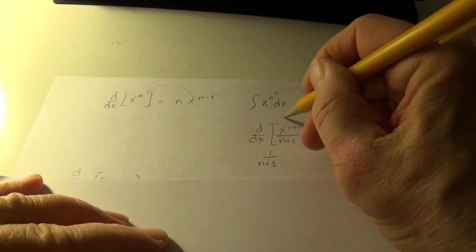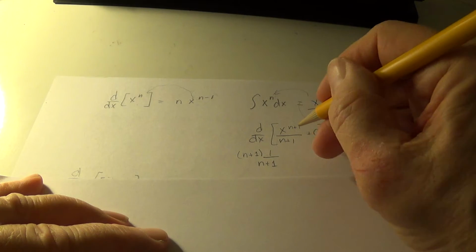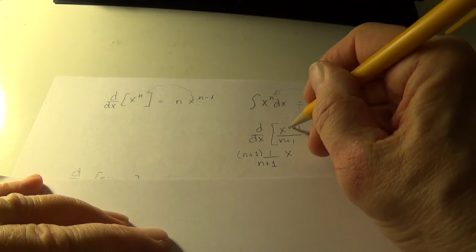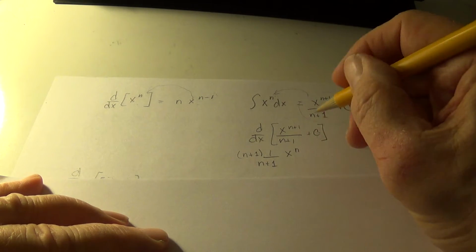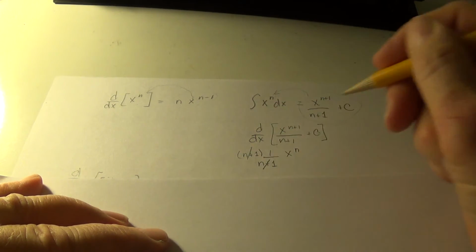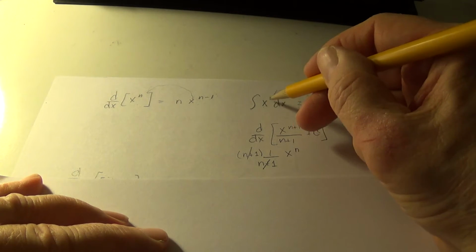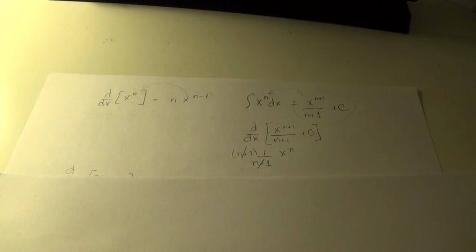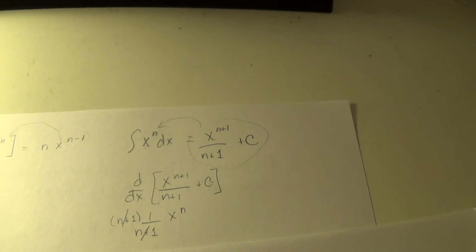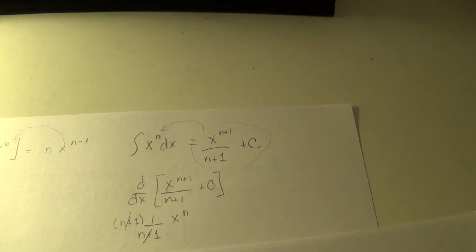The n plus 1 is going to run down in front, and the exponent will reduce by 1. So n plus 1 minus 1 is n, and the derivative of a constant is 0. The n plus 1's cancel, and we get x to the n, which is what I was hoping if this was the correct answer. It is. So you can see then a little bit more about why that is. We were using it today.